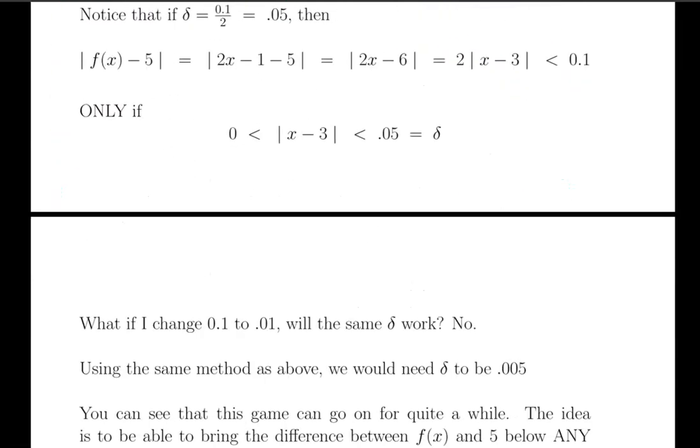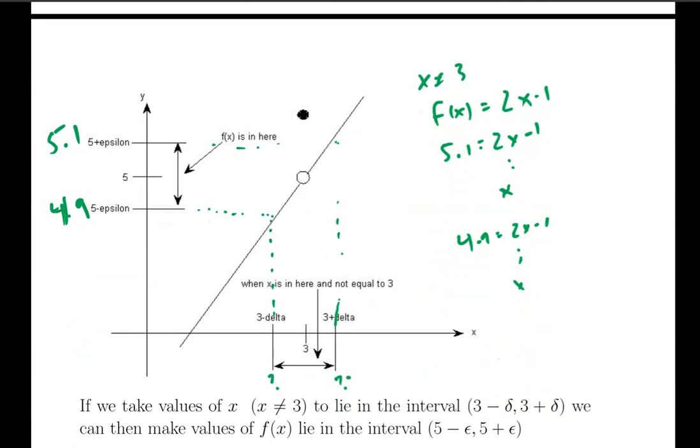So we're going to assign these things names. This piece right here, this plus or minus on the y-axis, is going to be called epsilon. It's a Greek letter epsilon. This corresponding value here on the x-axis is going to be called the Greek letter lowercase delta.